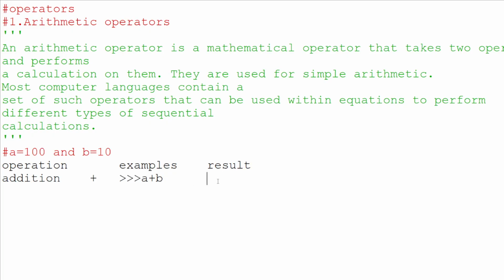It will be 110. Next, subtraction. A minus b, its result will be 90, right? After that, multiplication.